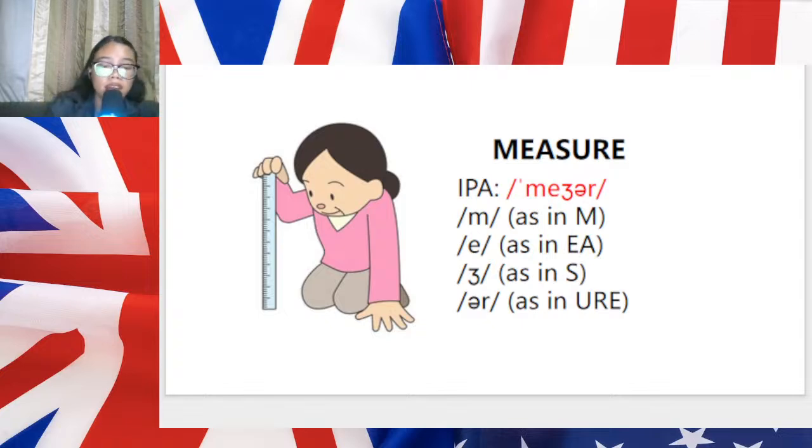The IPA shows us it only has three distinct sounds, plus the stress mark, clarifying how those letter combinations and the unique zh sound work. Okay? That is measure.